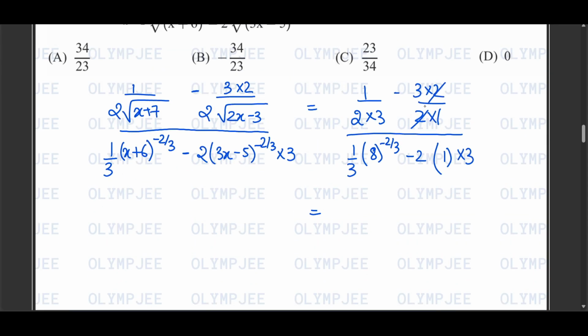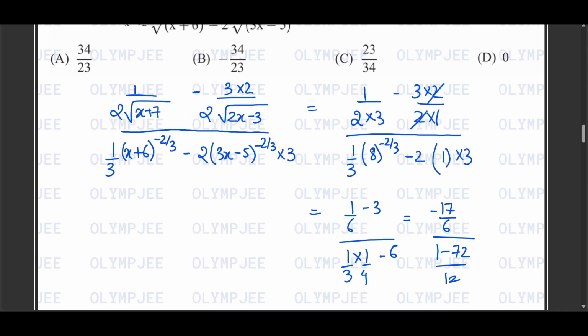Let us simplify this. 2 and 2 get cancelled. So this will be 1 by 6 minus 3, divided by 1 by 3 multiplied by 1 by 4 minus 6, which would give us minus 17 by 6 divided by 1 minus 6 times 12, which is 1 minus 72 by 12.